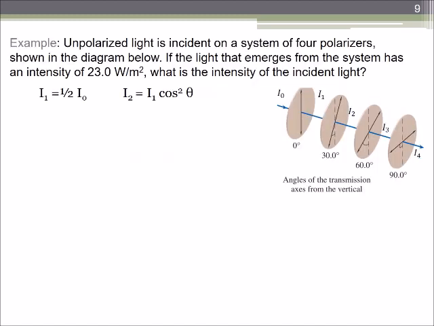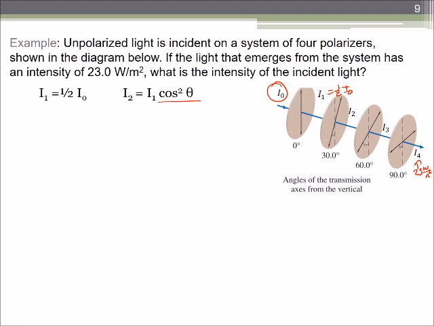Okay, so now we're going to do some math. Here we know that what comes out of this is 23 watts per meter squared. And so what that means is we want to find out how much light is incident on here. My equations are that I1 is 1/2 I0, and each of the other ones is the cosine squared of theta.